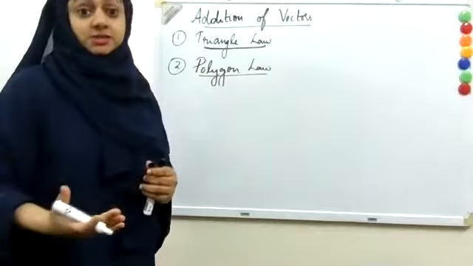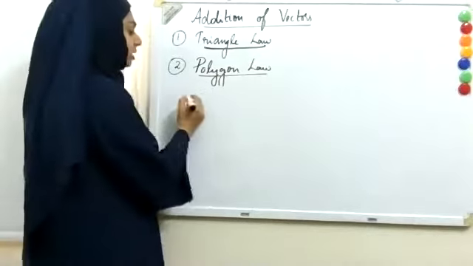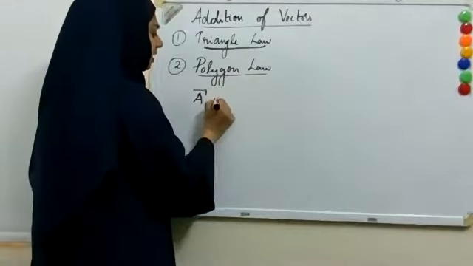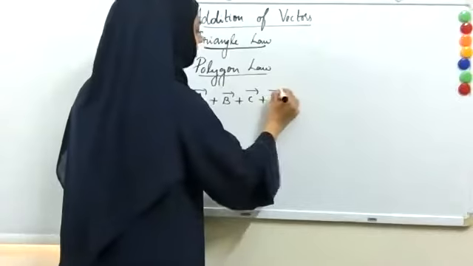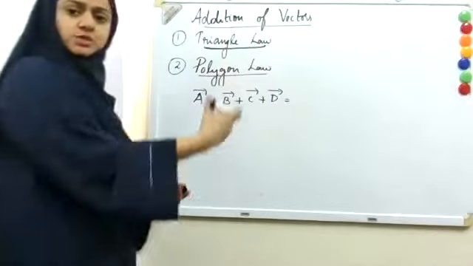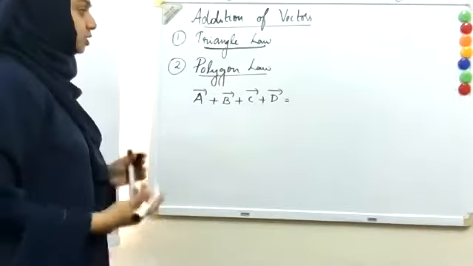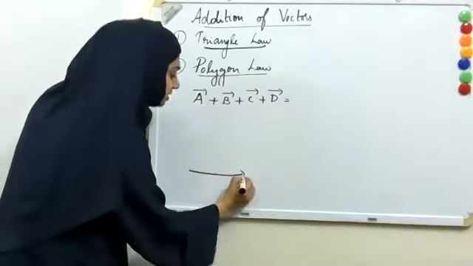Polygon means many-sided. If you are adding more than two vectors, suppose I have to add many vectors like vector A plus vector B plus vector C plus vector D is equal to what? There can be as many vectors as possible. So what we have to do is draw the first vector.